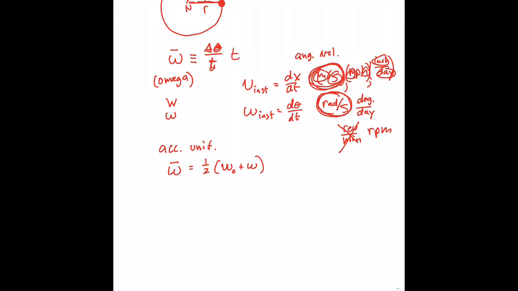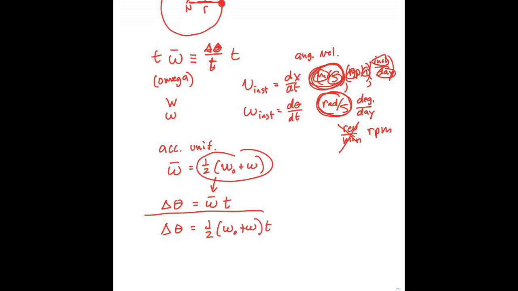So we multiply both sides of the equation by time, and we find that the change in angular position, or the angular displacement, is the average angular speed multiplied by time, and then we substitute in place of average angular speed to come up with a kinematics equation for angular motion that says angular displacement is equal to 1/2 the initial angular speed plus the final angular speed multiplied by time. Notice the similarity.